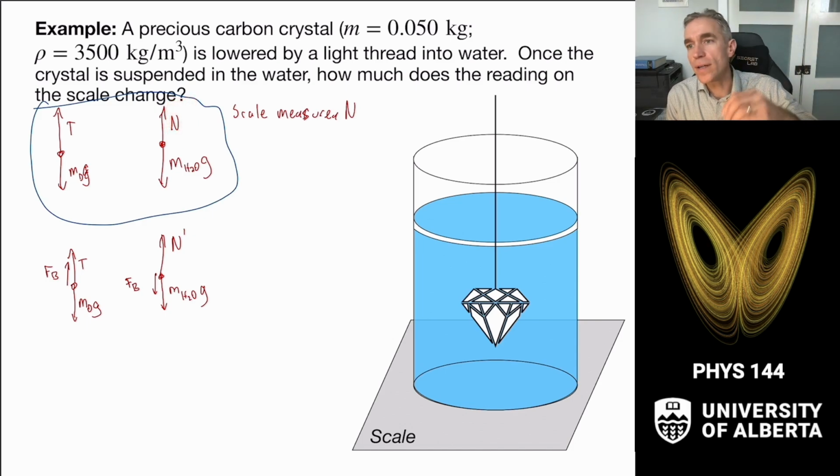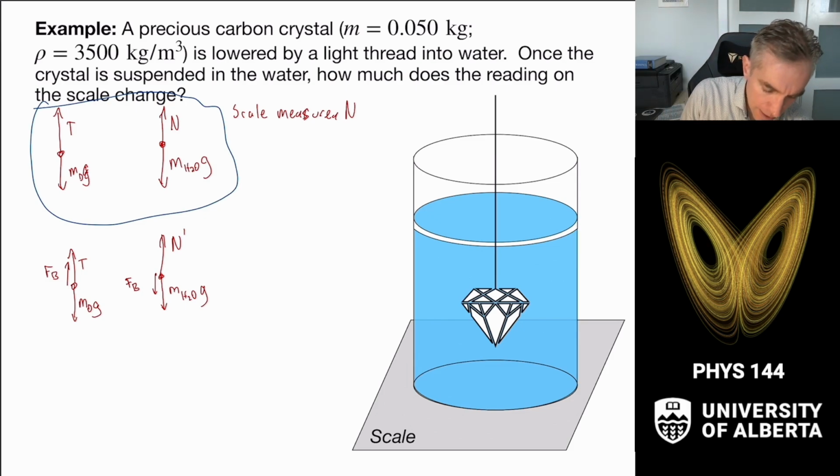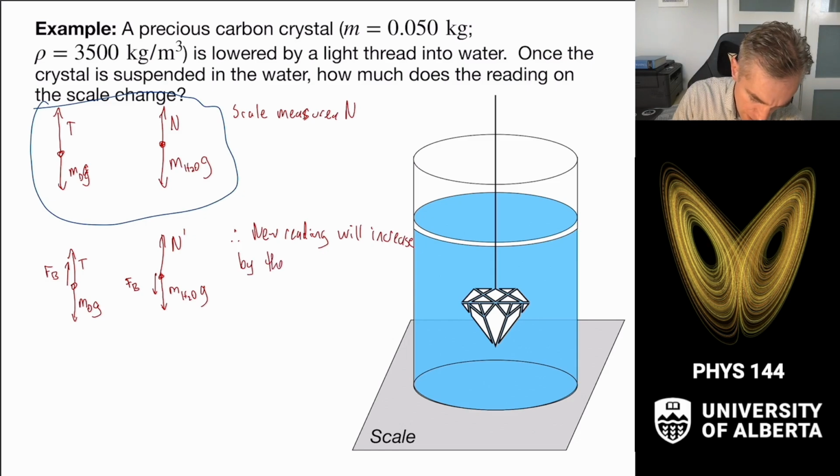Basically, the water is having to contribute to forcing the diamond upward, reducing the tension, and in the overall force budget of the system, that means that the scale is going to have to be pushing up on the water to balance out that buoyancy force. And what that means is that the normal force, so therefore the new reading, will increase by the amount that the tension decreased.